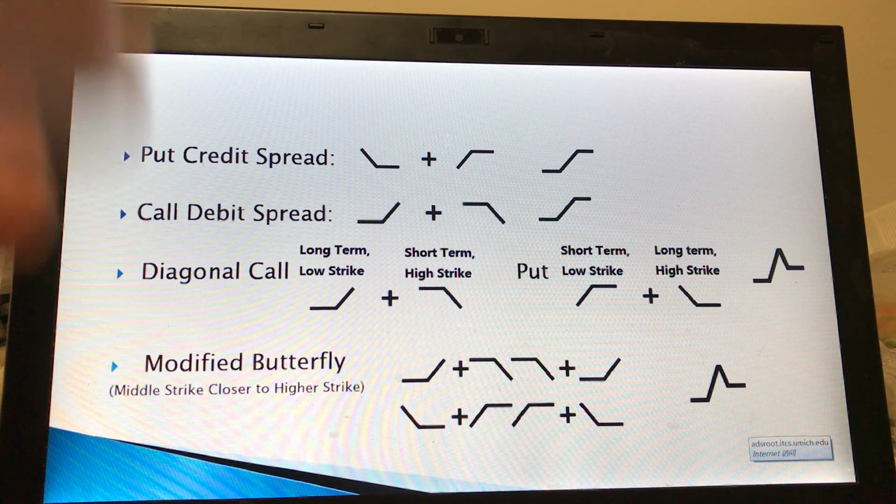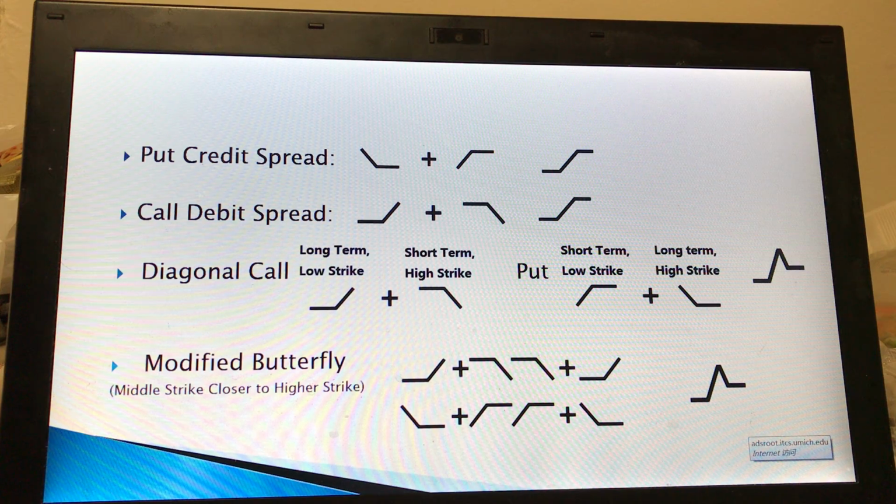As long as the stock grows over this strike price, both of these options will expire in the money, and you will earn about 40 to 50% of the collateral you used.